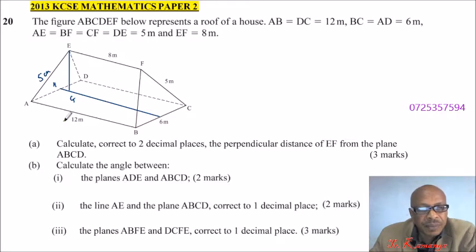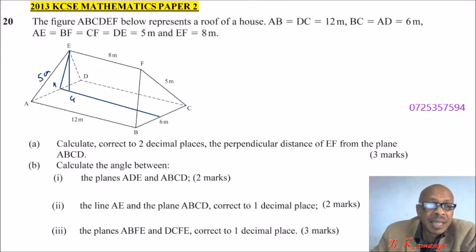Now, if we draw another line here, since we have EF as 8 centimeters and AB as 12 centimeters, it means if we drop another perpendicular line here, this is 2 and this is also 2 and this is 8.